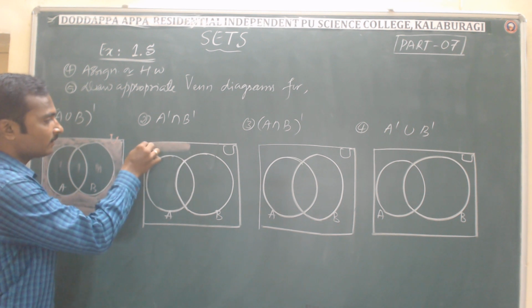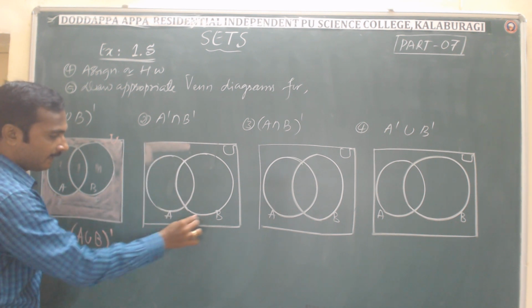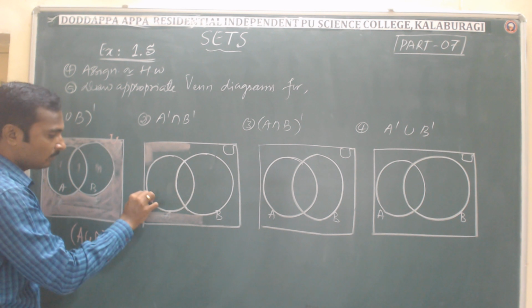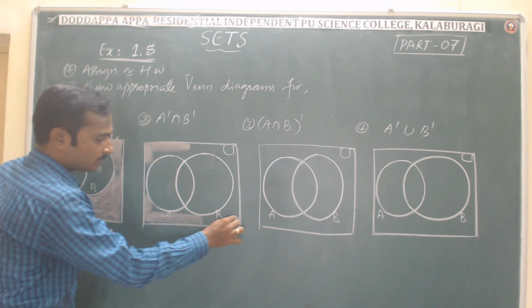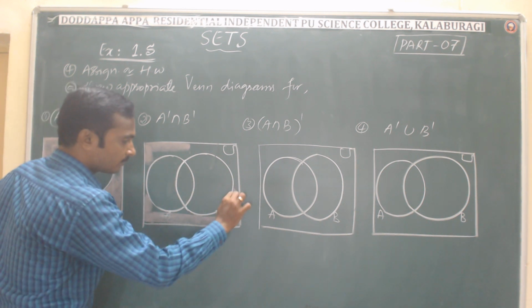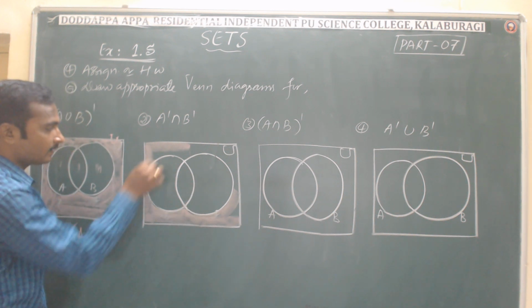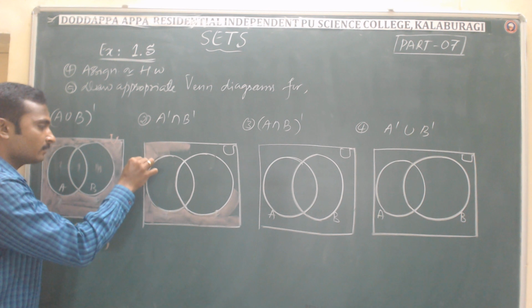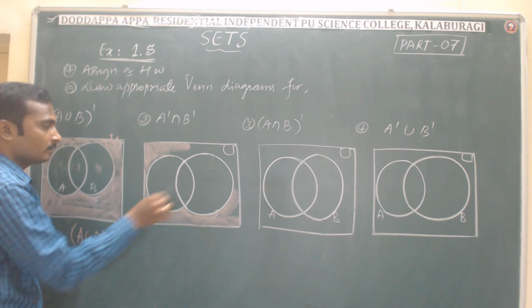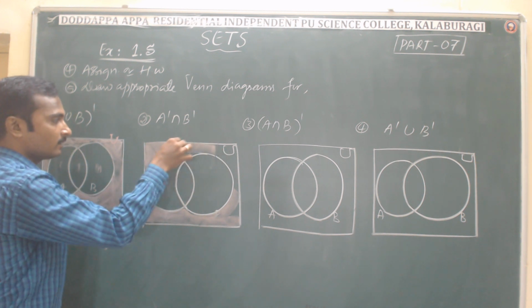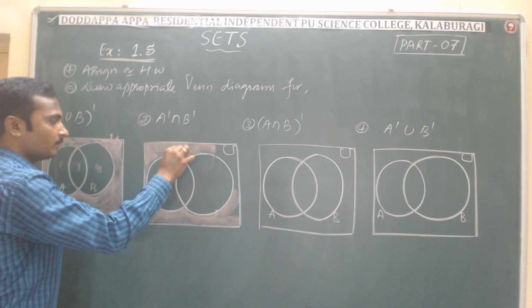This shaded portion is completely the common area, A complement intersection B complement. You can see this area is A complement intersection B complement.